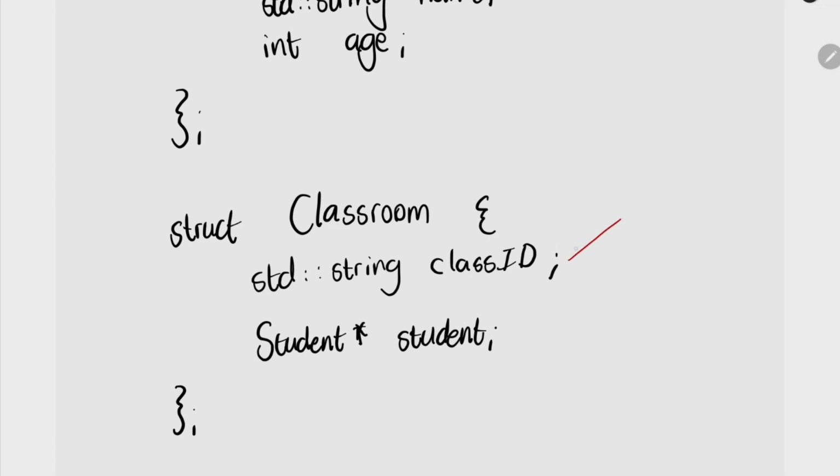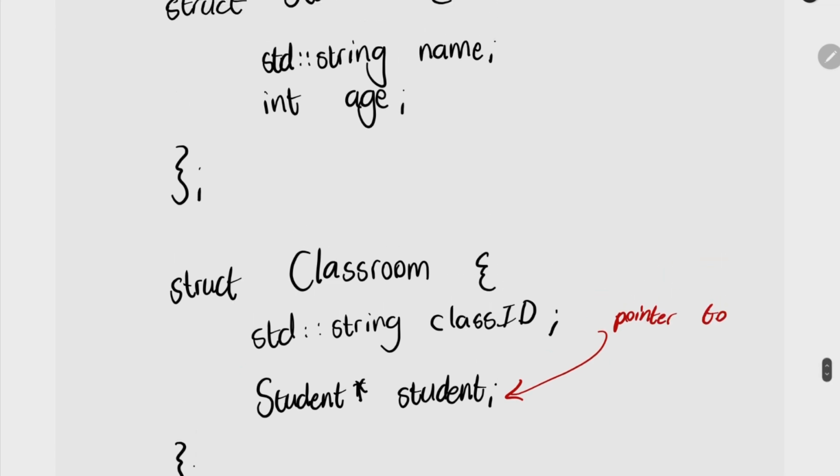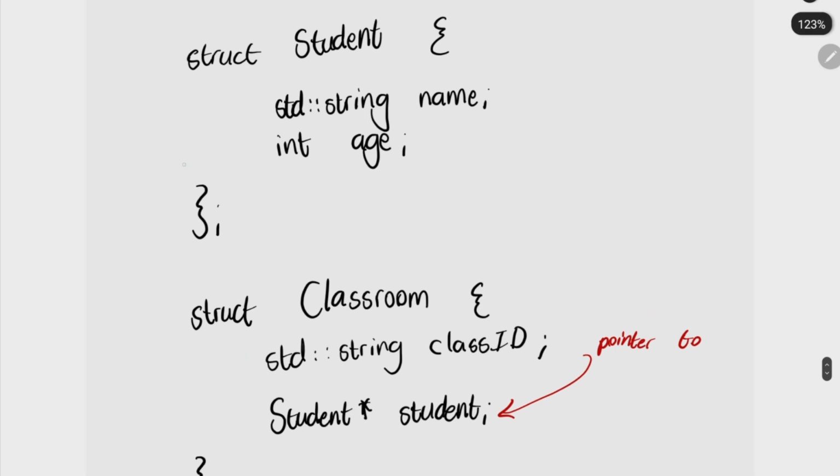We have some class ID. This just uniquely identifies the class. It could be class 1A or whatever the heck the class is called. So then we have this here, this is a pointer to a struct. And if you notice, I told you it has to go beneath this.